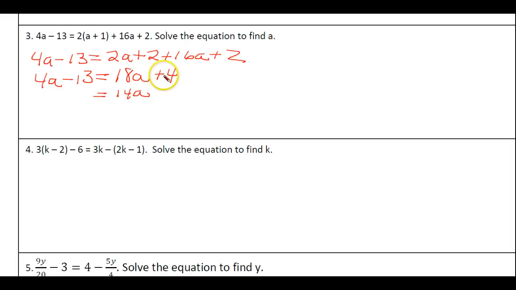I'm going to subtract 4 there, subtract 4 there, that gives me a negative now, 17. And now I'm going to divide both sides by 14. And I get a equals a negative 17/14. And my 4 didn't come out too well, but it's a little better now.